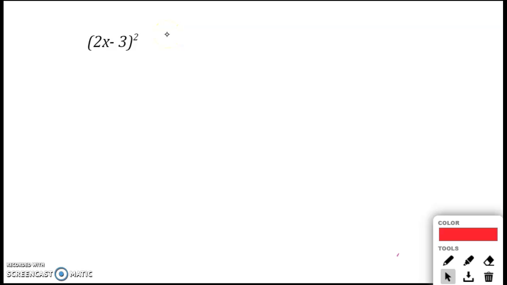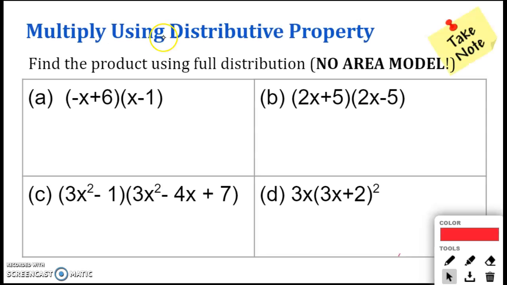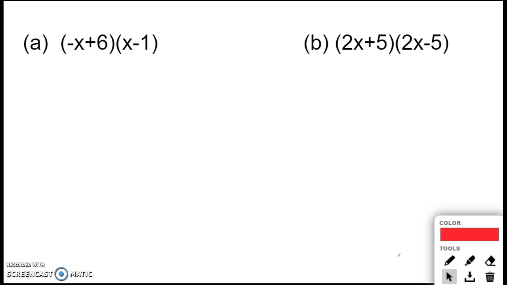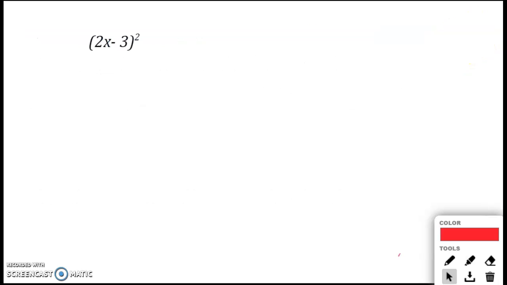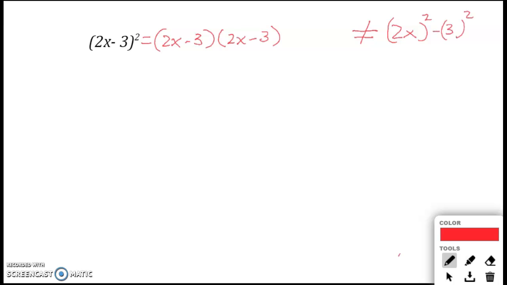Okay, let's tackle the next problem. Remember, 2x minus 3 all squared is the same as 2x minus 3 multiplied by 2x minus 3.